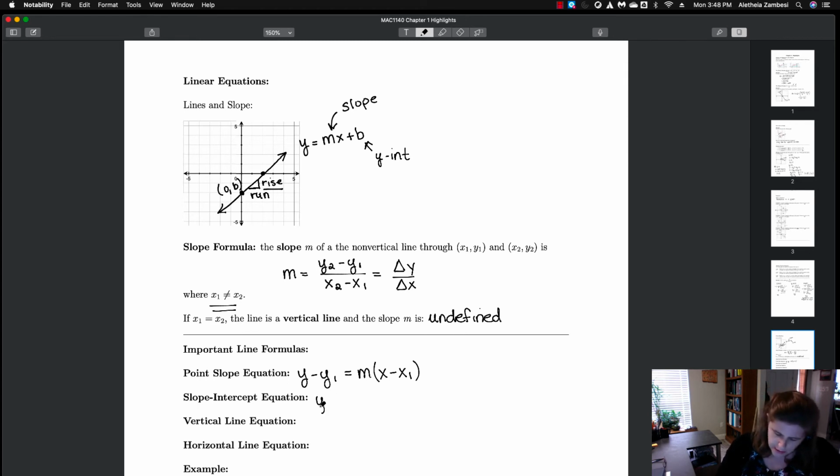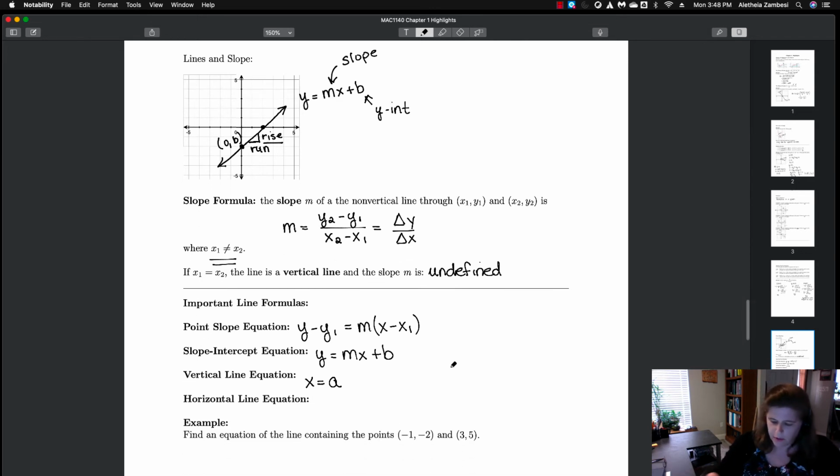This is your y is equal to mx plus b. We also have the equation of a vertical line. Vertical lines are always in an x equals format, so x equals a. Horizontal lines are y equals lines. So if I'm trying to write a horizontal line, this is always going to be y is equal to something like b.